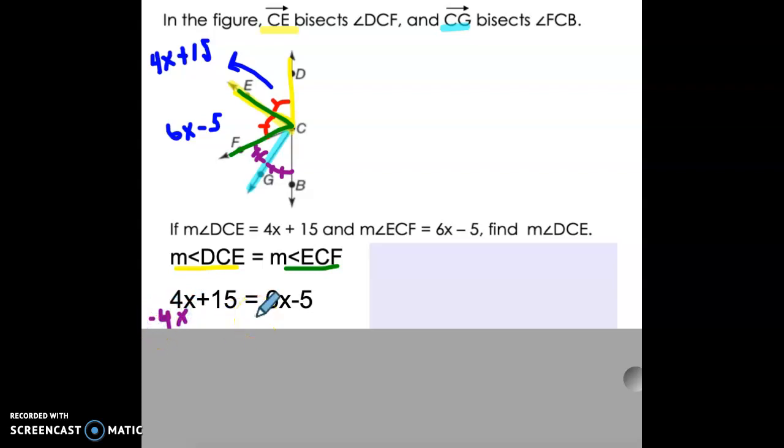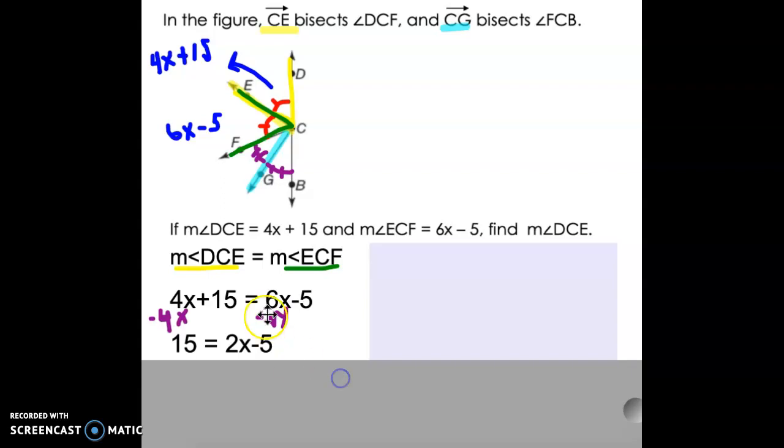Oops, sorry, I first said 2x, but it's 4x. What do you get when you get 6x minus 4x? 2x. That's where that came from. So we're subtracting 4x from both sides, and when we do that, we get 15 equals 2x minus 5.